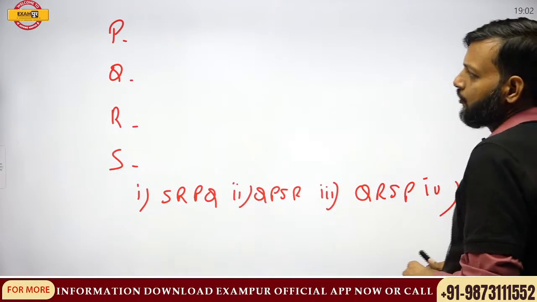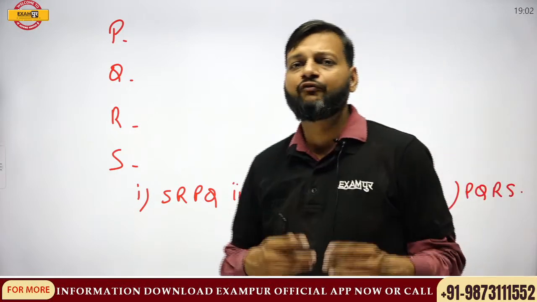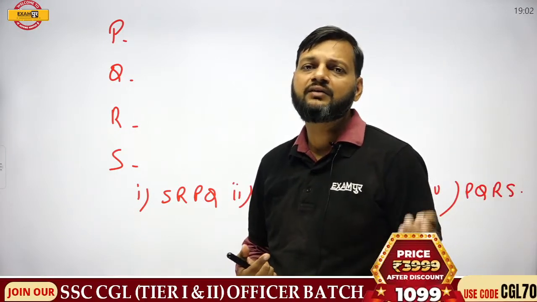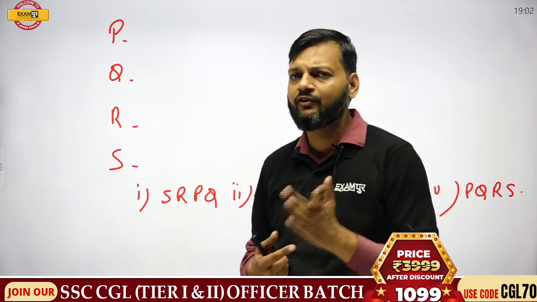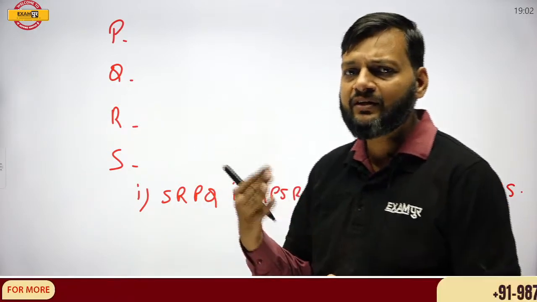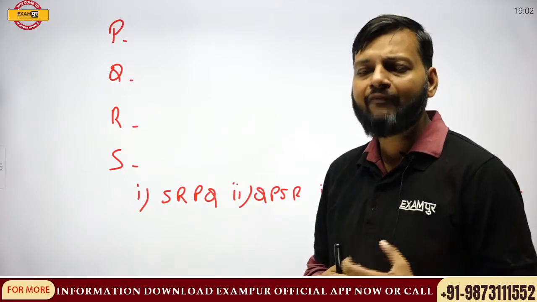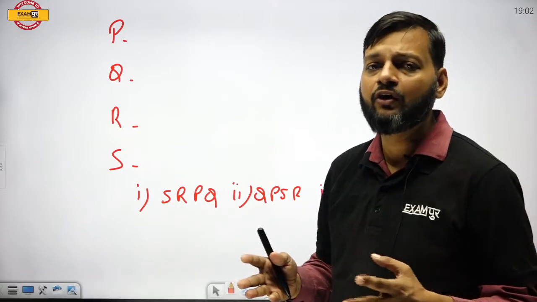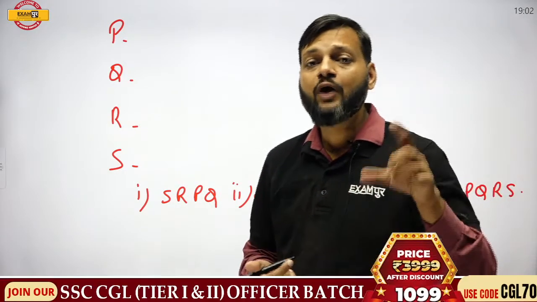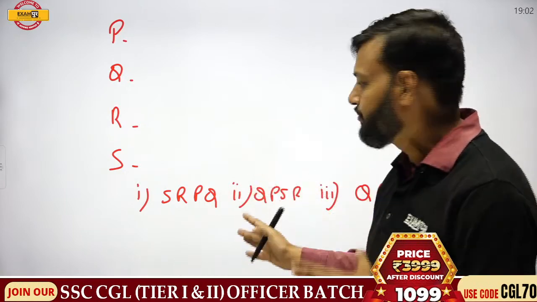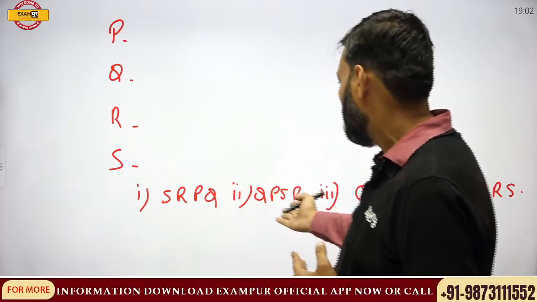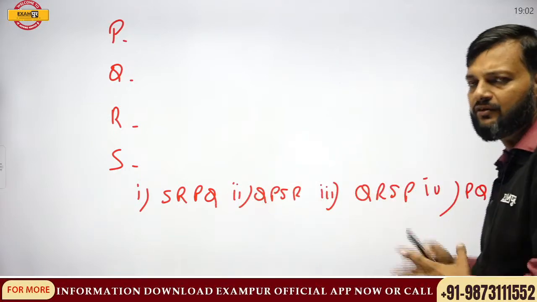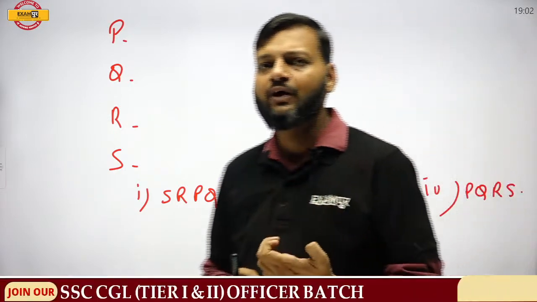So in parajumble there are 4 sentences named as ABCD or PQRS, and these sentences are jumbled. You have to arrange these sentences in a meaningful order, and after arranging them you have to tick the right arrangement. So these questions are called parajumbles.